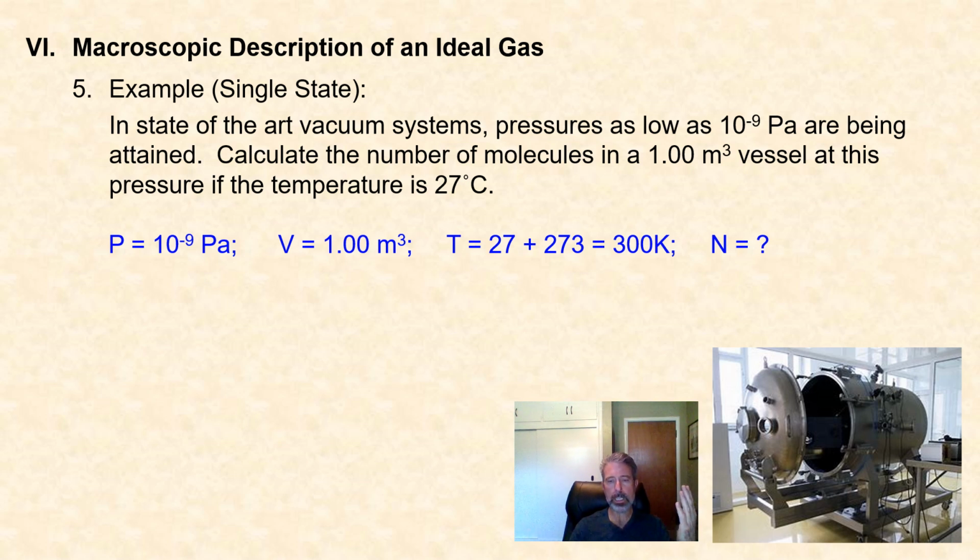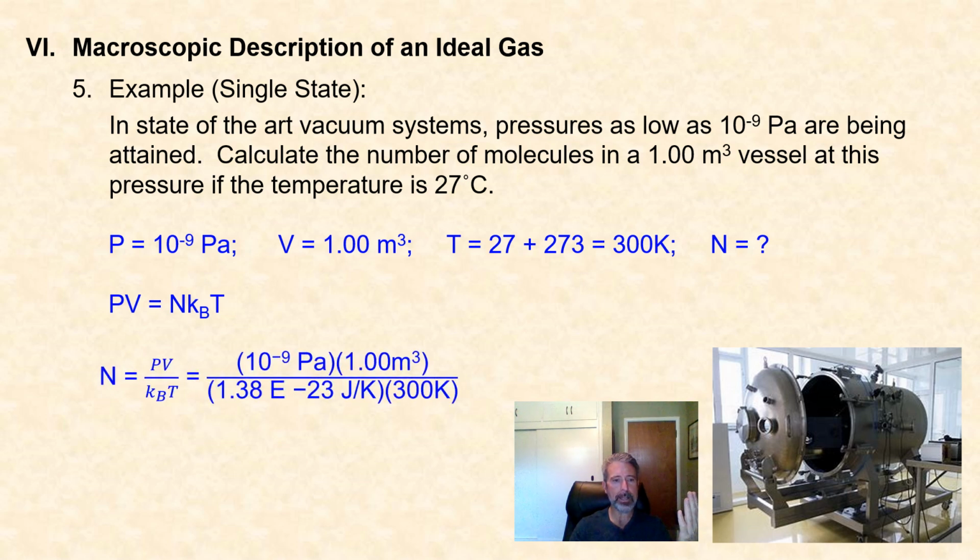So we will use the equation of state expressed in terms of Boltzmann's constant, PV equals N times the Boltzmann constant times the thermodynamic temperature. We'll solve it for N. And then it's just a matter of plugging in our numbers here with our units. Other than converting Celsius into Kelvin, all the other units are acceptable.